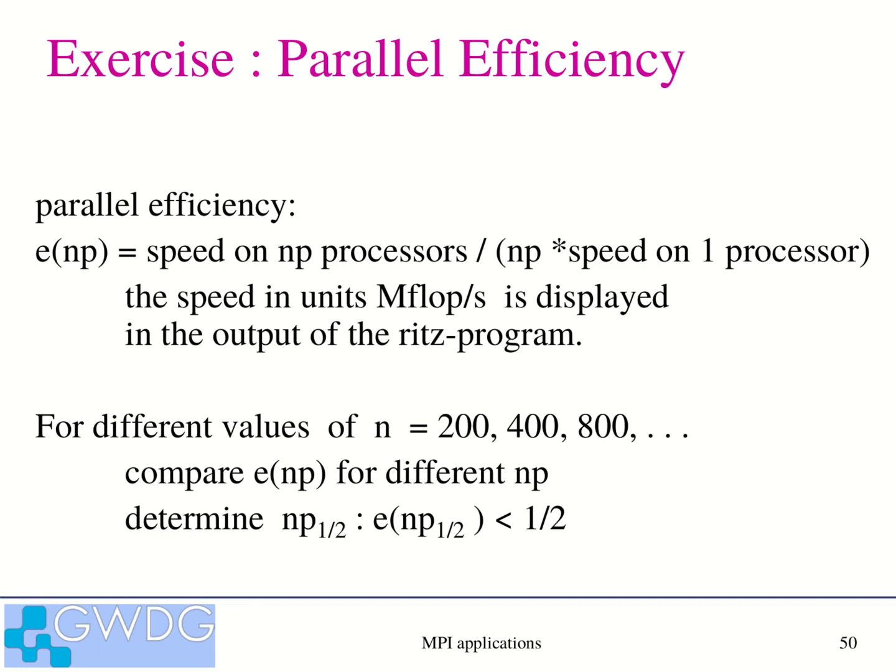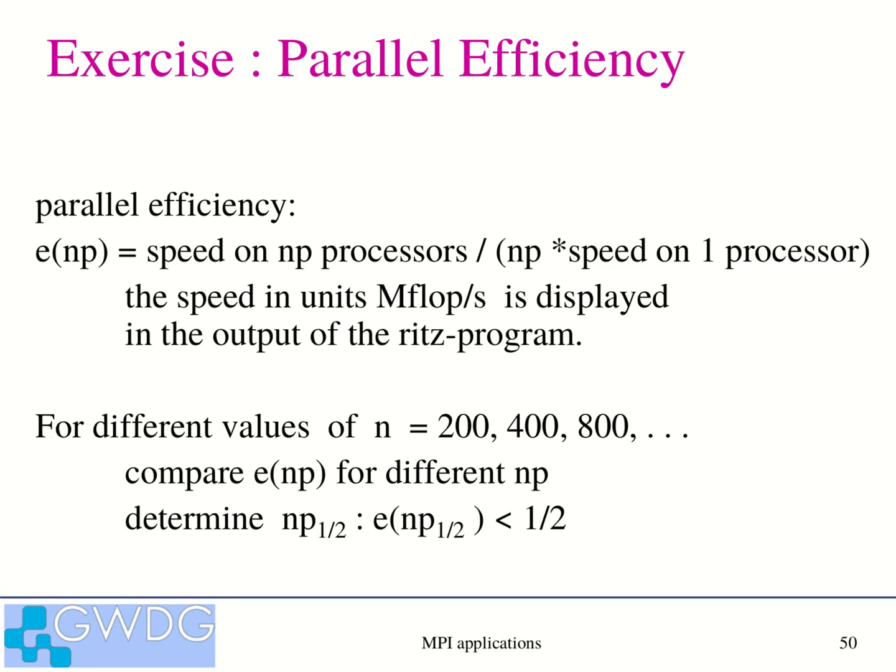And the total speed, of course, will combine the time for communication with the time for the calculations. And so you can see if you increase the number of processes for different sizes of the matrix, the speed will not increase proportional to the number of processes, but you will lose some efficiency.